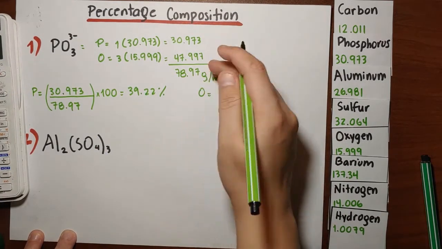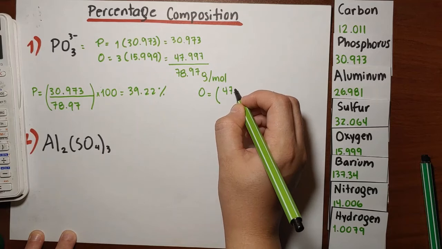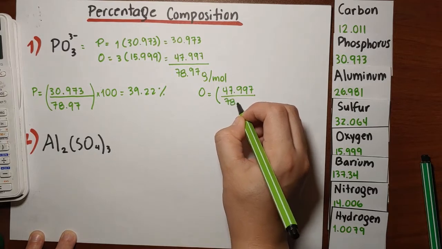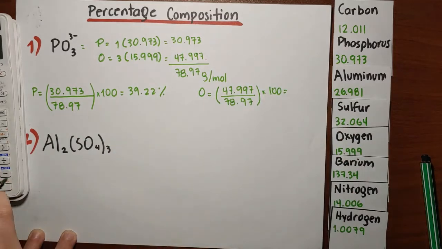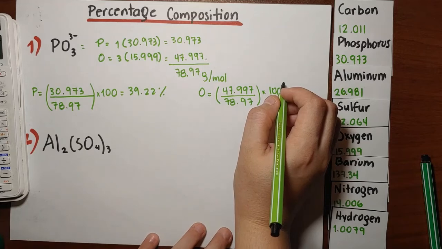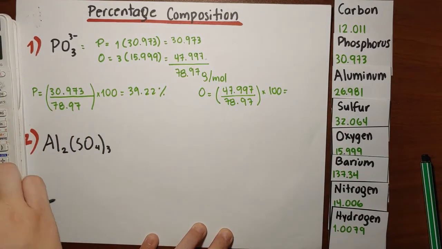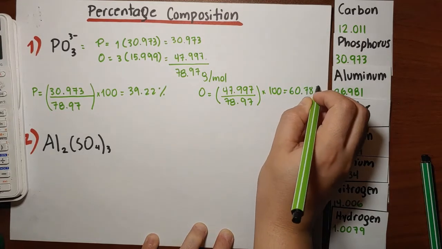Now I'm going to get the same for oxygen. Oxygen will be this partial amount, 47.997 divided by 78.97 times 100. This gives me 60.78%.